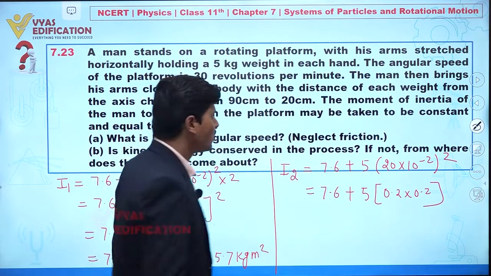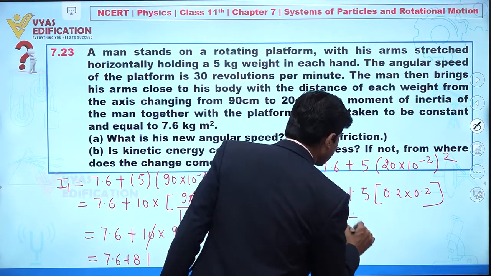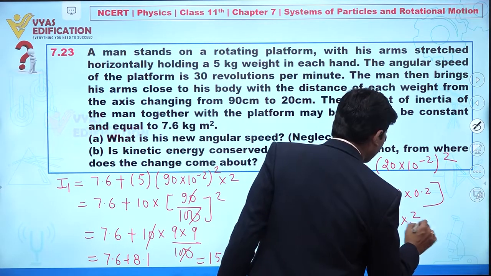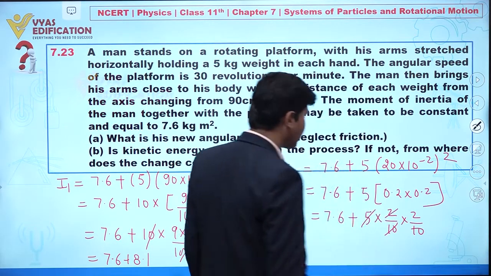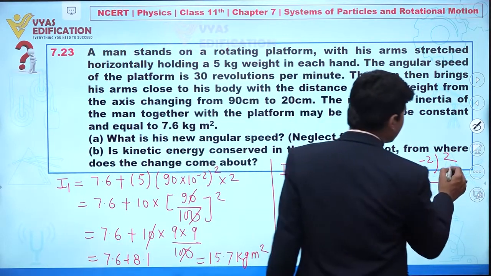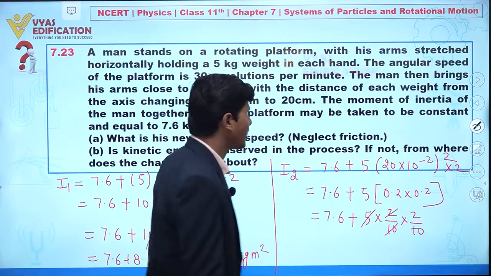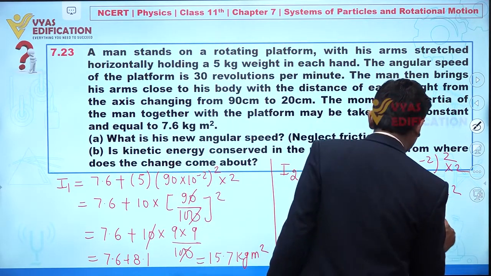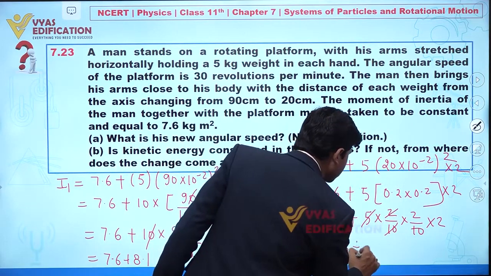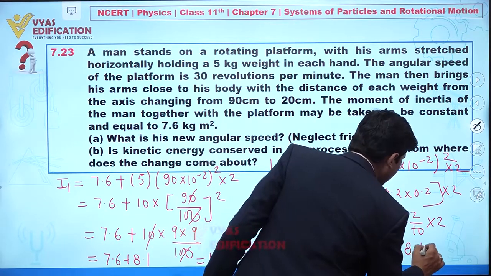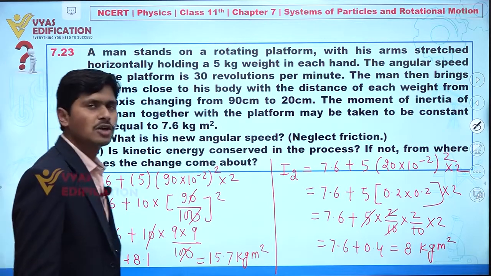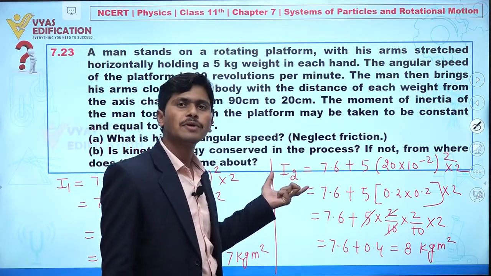Always keep in mind that we have two weights, so we have to multiply by 2 also. So we get 7.6 plus 0.4, which is 8 kilogram meter square. This is the final moment of inertia.